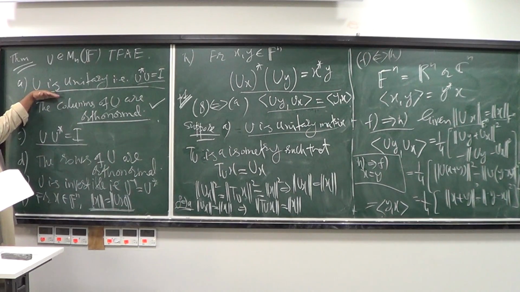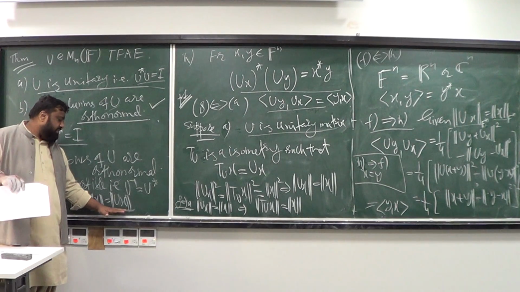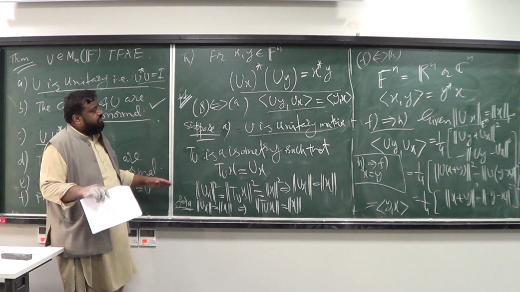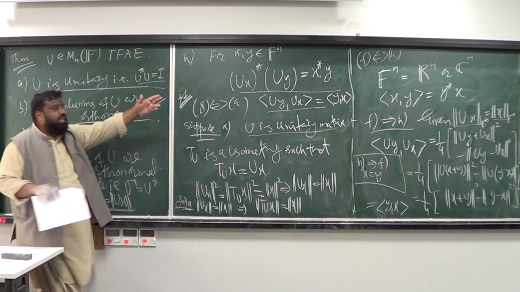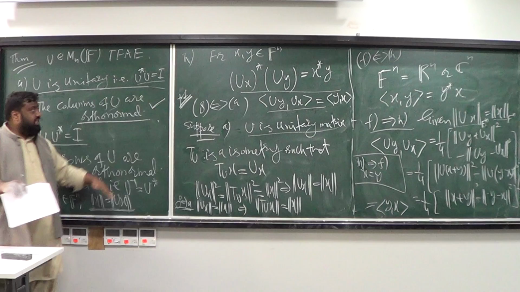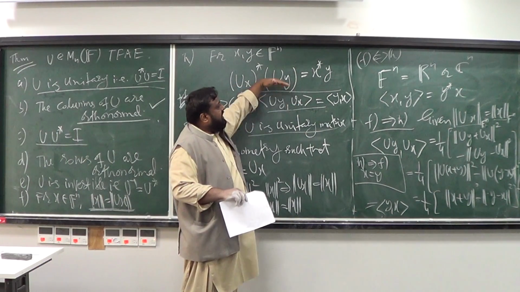And it's a magnitude preserving matrix. So it's really an isometry. It really satisfies these identities, which are equivalent.